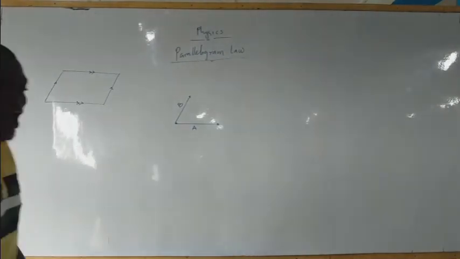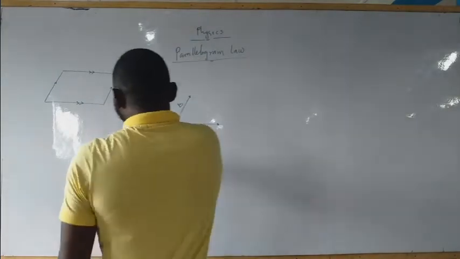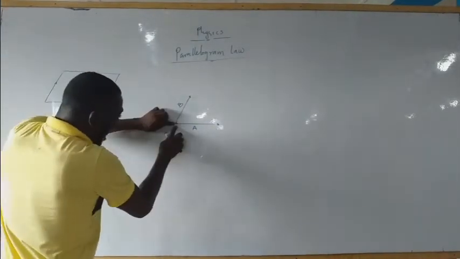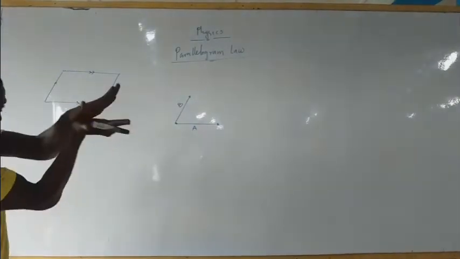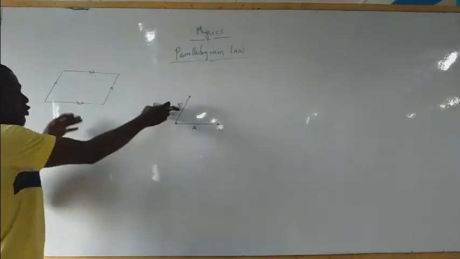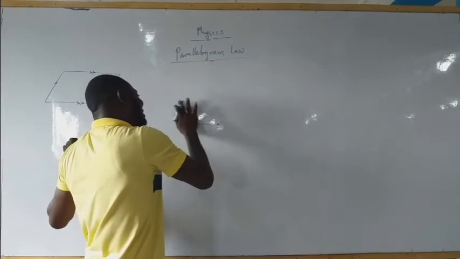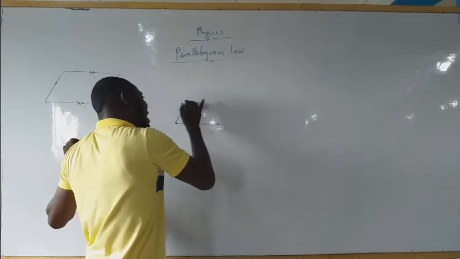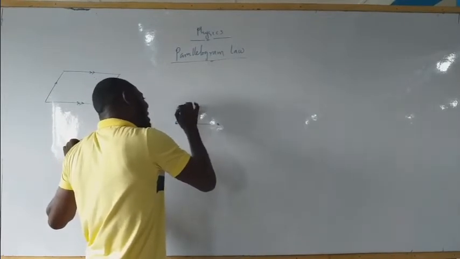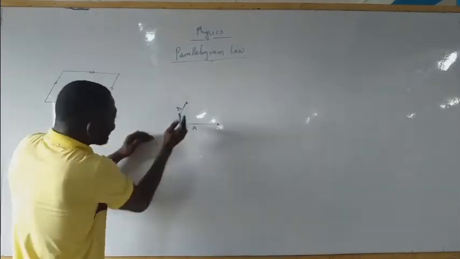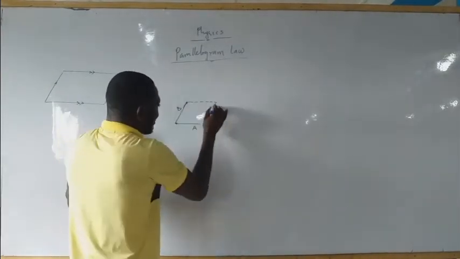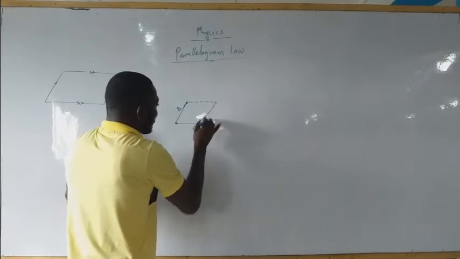Join tail to tail of two vectors to form the adjacent sides of a parallelogram. So we can have this and this. Okay?